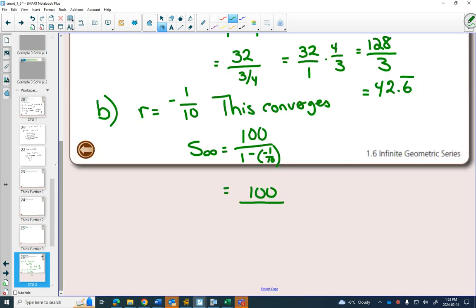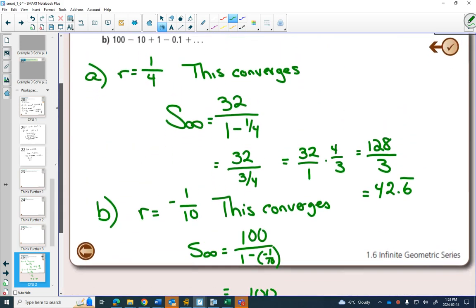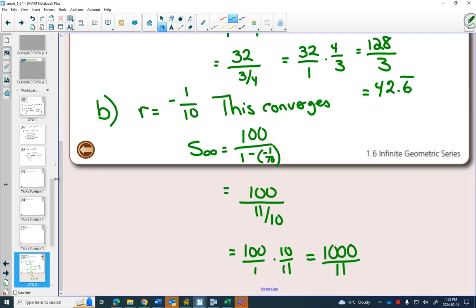That would be 100 over 10 over 10 plus 1 over 10, 11 over 10, multiplied by the reciprocal. Which, if you like decimals, I believe is 9.09 repeated.